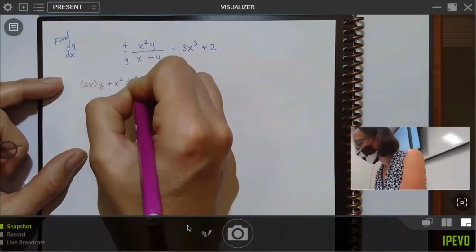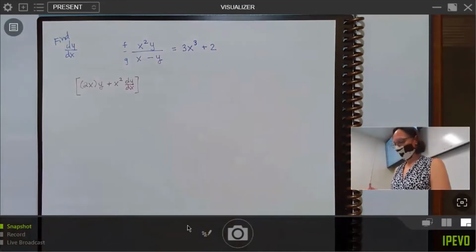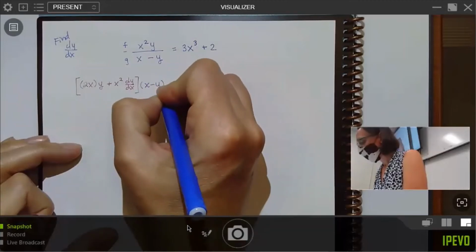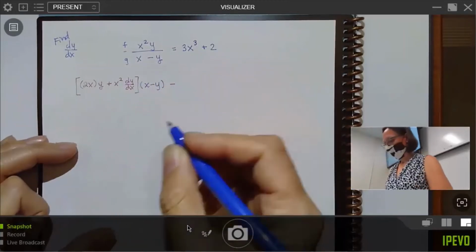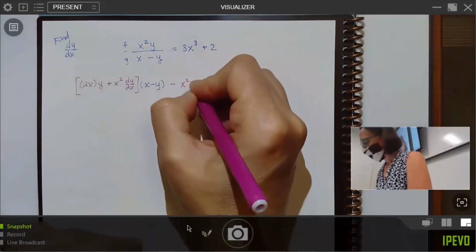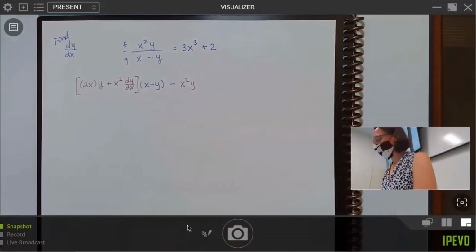And that whole thing was just to get the derivative of the top. Now that'll be multiplied by the bottom minus, leaving the top alone, times the derivative of the bottom.